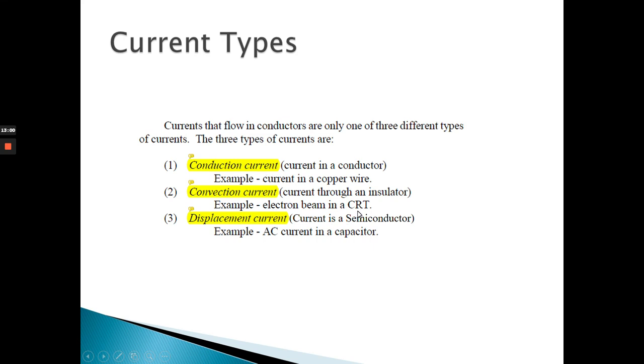An electron beam, as in a cathode ray tube, produces high frequency beams and a lot of electrons, which is convection current, and then the displacement current. Mostly we will talk about the conduction current. We will touch the others in the beginning, then we go to our conduction current.